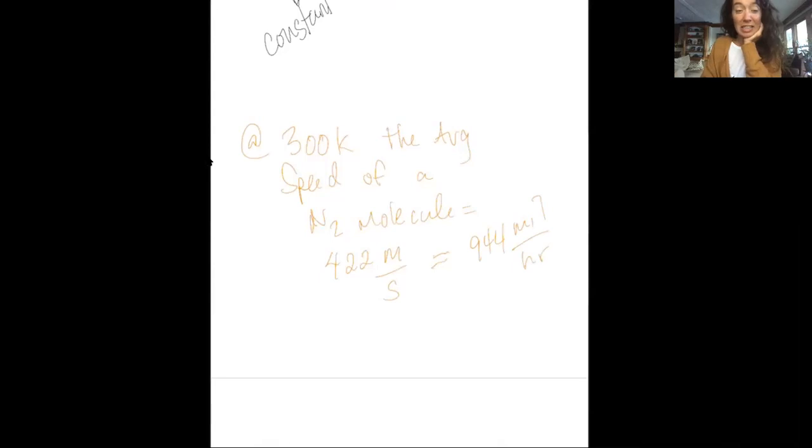And there are tons of nitrogen particles all around you, and they are colliding with you at this speed, but they're so small, it doesn't hurt, right? It's just the normal pressure around us, but that's what causes our air pressure, okay?